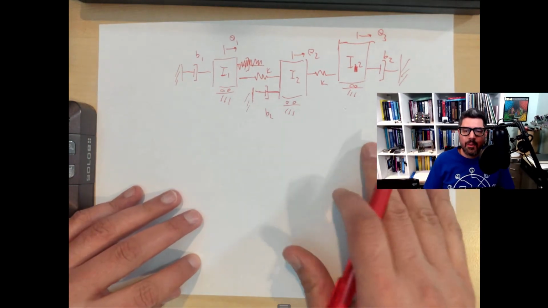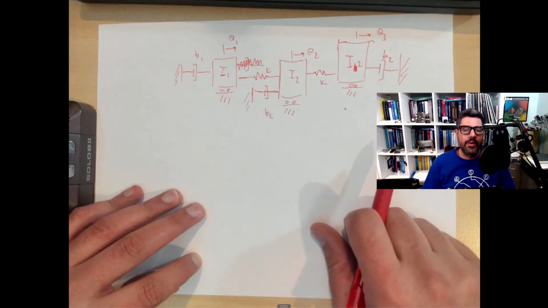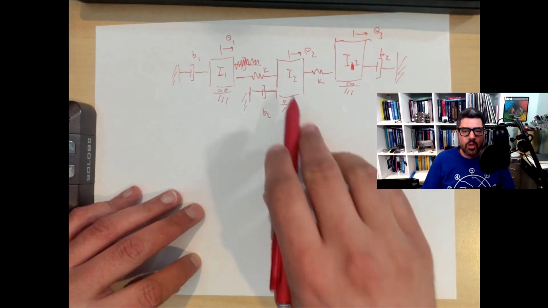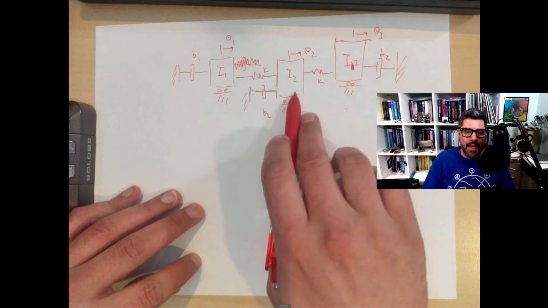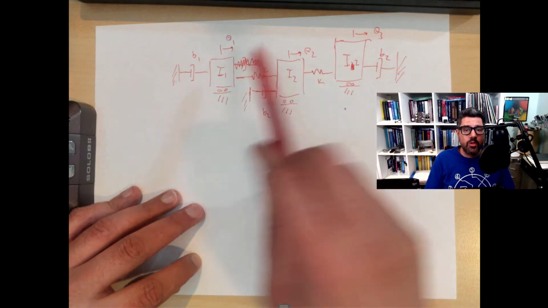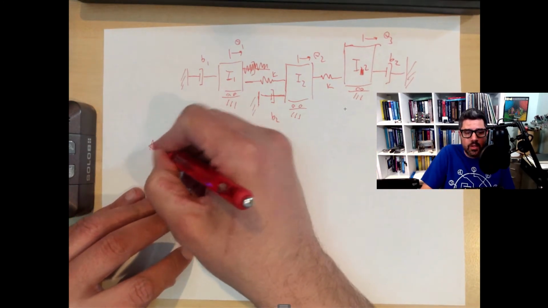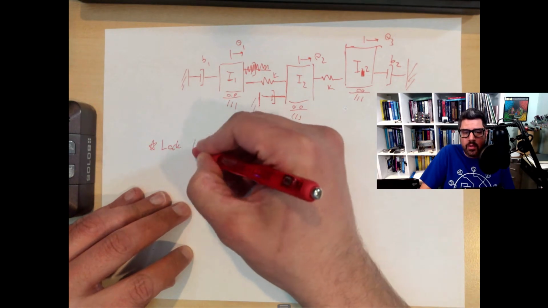So that's exactly what we're going to do. We're going to lock down the middle disk. All right. So that makes the middle disk ground. Okay. Because it won't move. So it's 0. So it's ground.